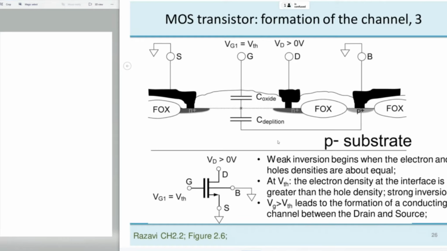Now, if the gate voltage reaches this level, which is the threshold voltage characterized in the technology, then we start collecting electrons from the source area, which can now come here. So we invert the interface in the substrate. It used to be P type, with majority holes.